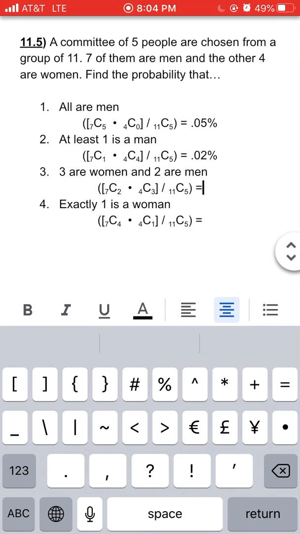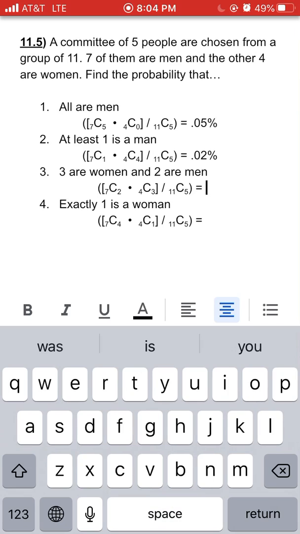Number 3, are women and 2 are men. So for this one, we have of 7 men, choose only 2, times that by of 4 women, choose 3, all over of 11 people, choose 5 for the committee. For this one, same thing, just multiplication, canceling.